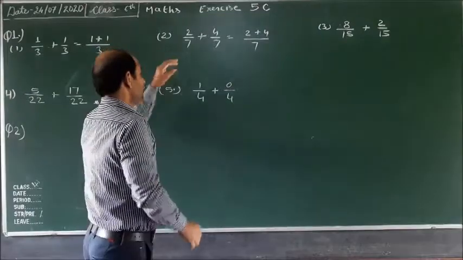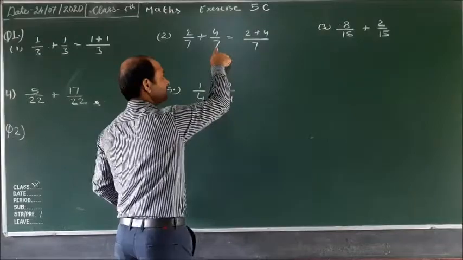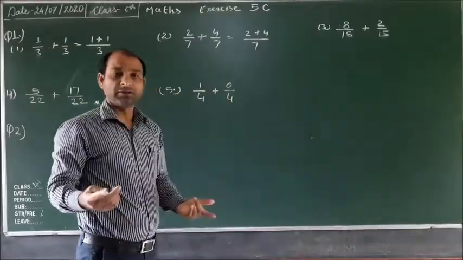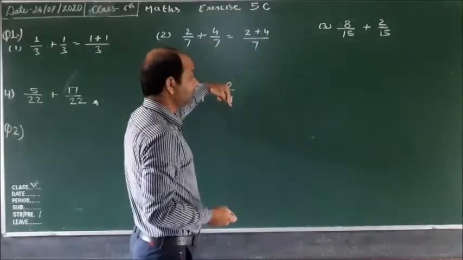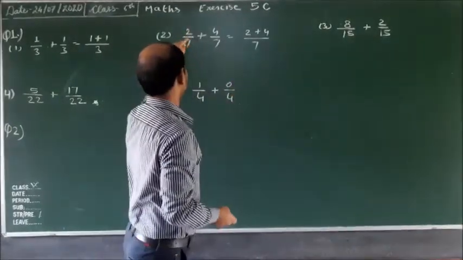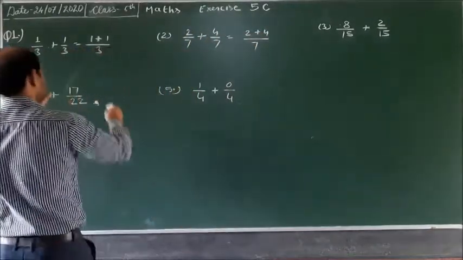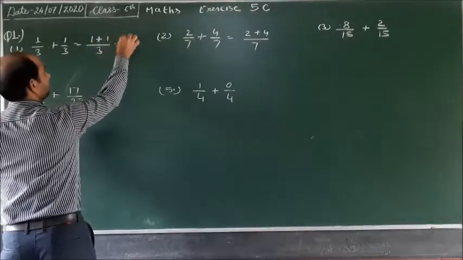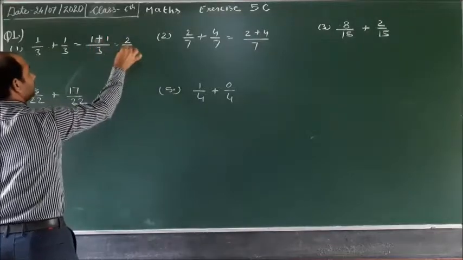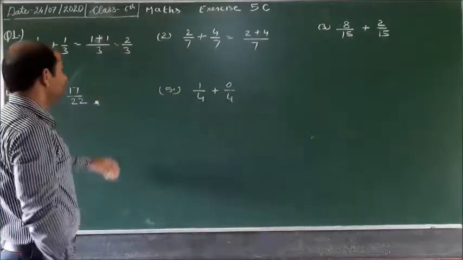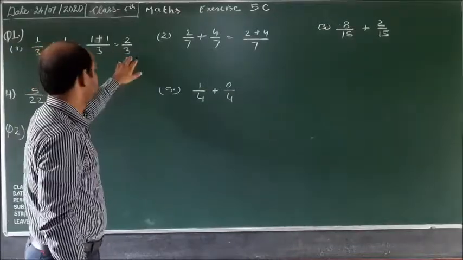Because when we take the LCM and divide by the denominator, the quotient is 1. 7 ones are 7, and 1 and 1, then the quotient multiplied by the numerator: 2 ones are 2, 4 ones are 4. So the same number is coming here. So 1 plus 1 equals 2/3, and 2/3 is already in the lowest term. So this is your answer.